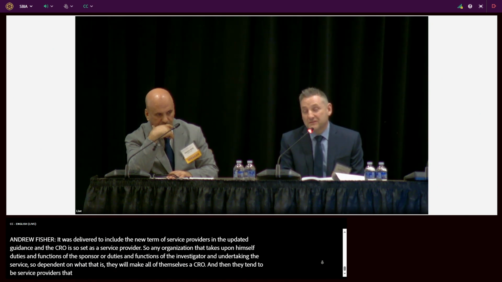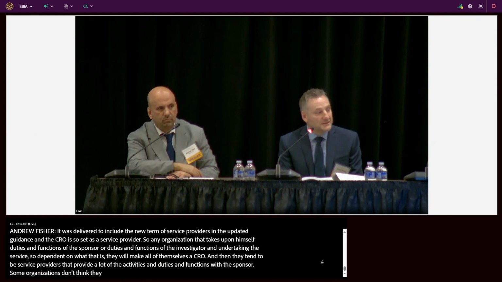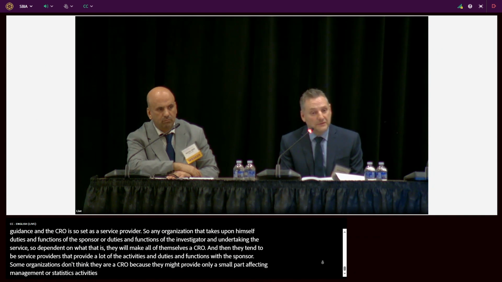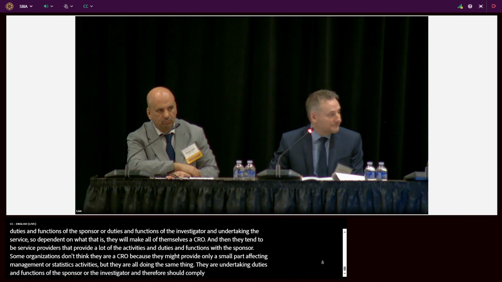Some organisations don't think they're a CRO because they might provide only a small part, say data management or statistics activities, but they're all doing the same thing. They're undertaking duties and functions of the sponsor or the investigator, and therefore should comply with GCP, and that was a deliberate decision to make that clear in the new guidance.